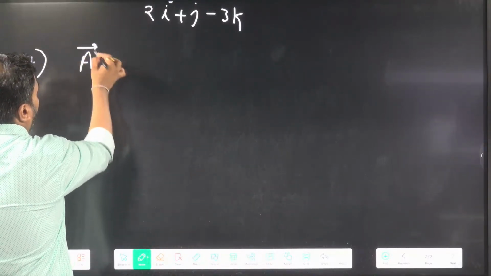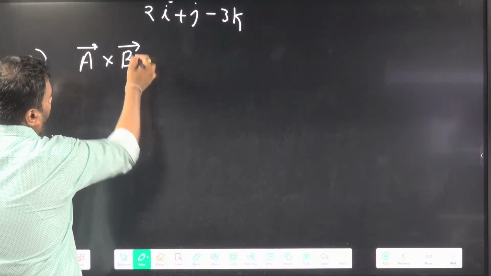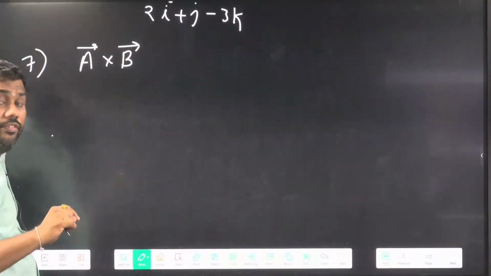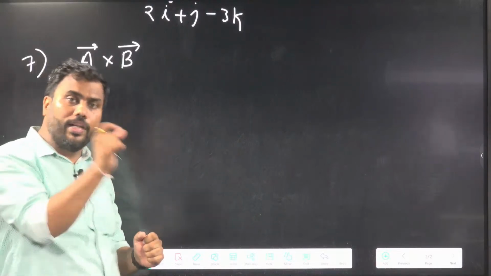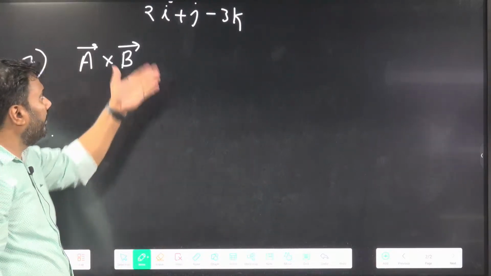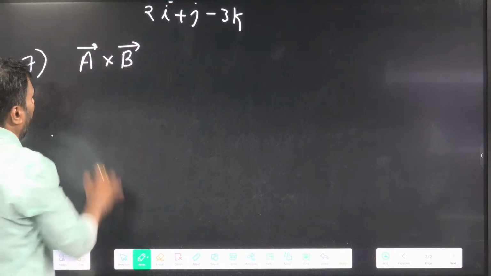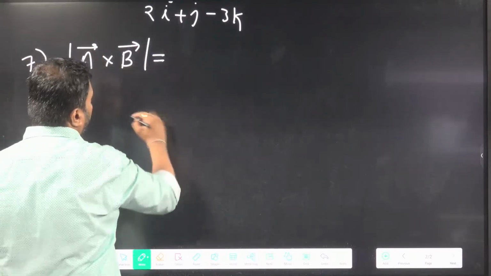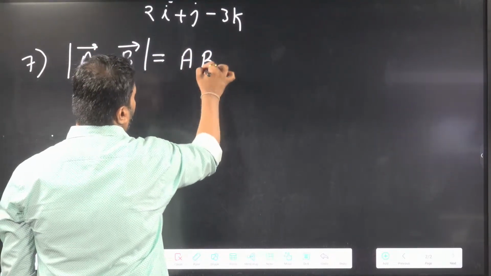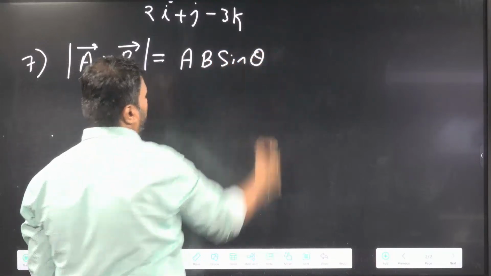If you know how to find the cross product, like if they are giving you vectors in terms of components, then we can find the cross product. Just now we have done this. The magnitude of cross product is given by magnitude of A, magnitude of B, sine of theta.